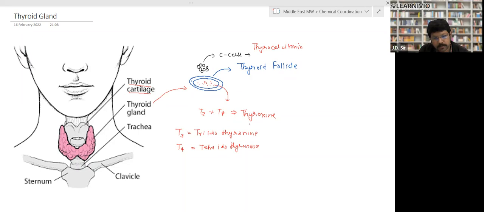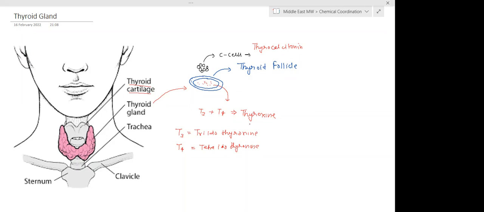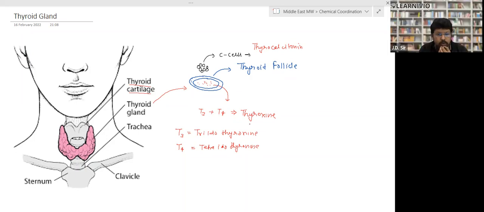Full stop. Thyrocalcitonin is secreted by C cells.